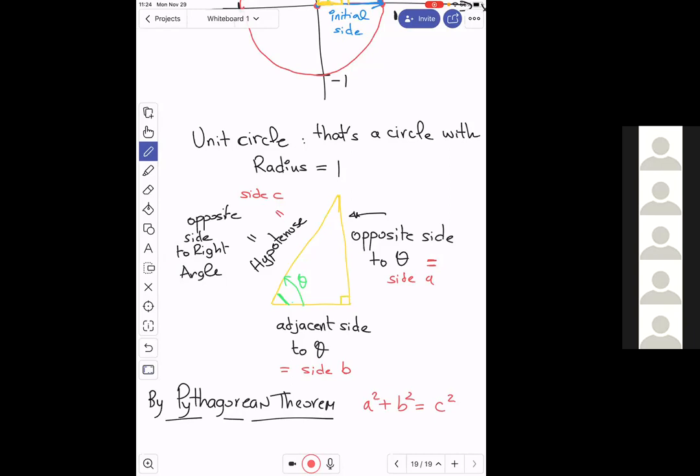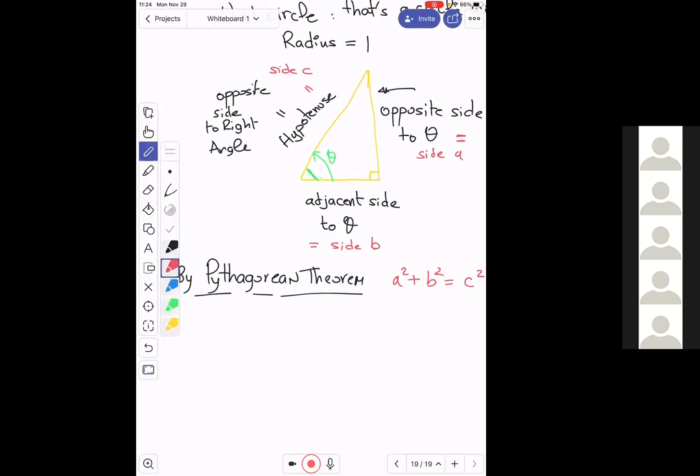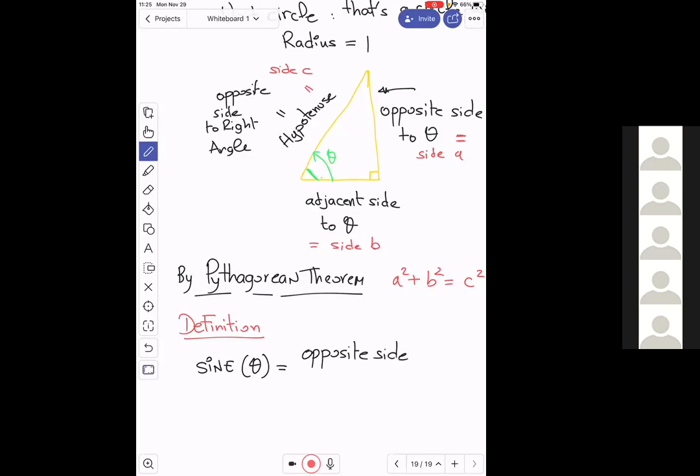Anyway, now what's the sine of theta? By definition, sine of theta is the opposite side over the hypotenuse: the opposite side to the angle theta over the length of the hypotenuse.